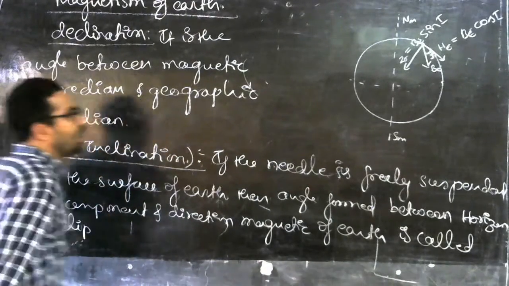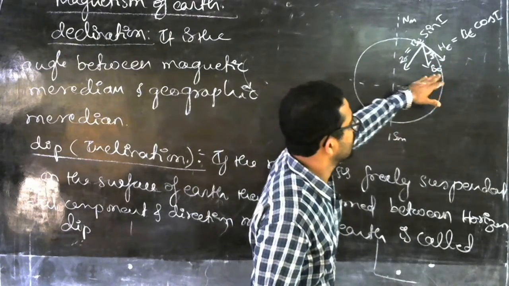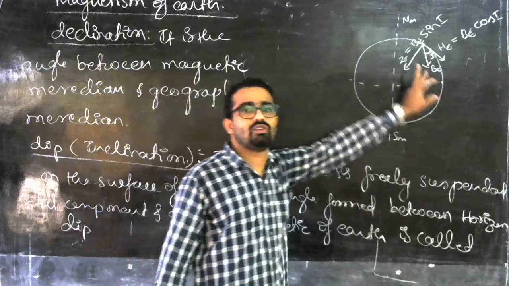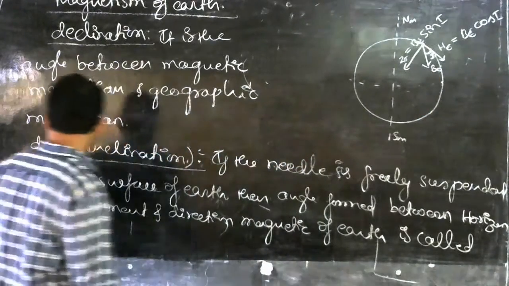So it is the angle between the horizontal component of the Earth's magnetic field and the direction of the magnetic field of the Earth. It is known as the inclination.